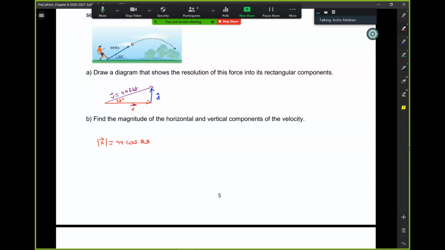Cosine of 33 is equal to blah over blah. So this is 36.9 feet per second. Y is the hypotenuse times the sine of the angle, 24.0 feet per second. Okay.